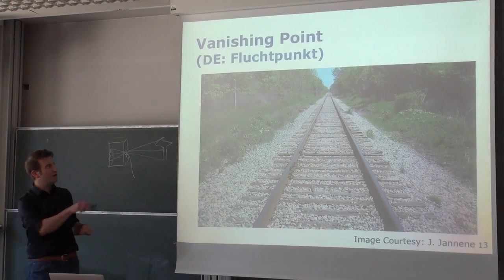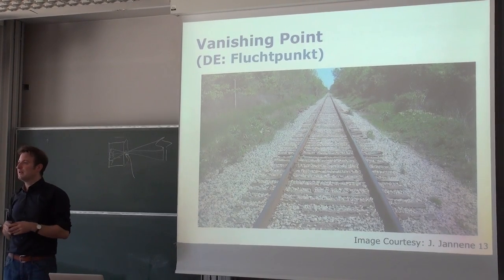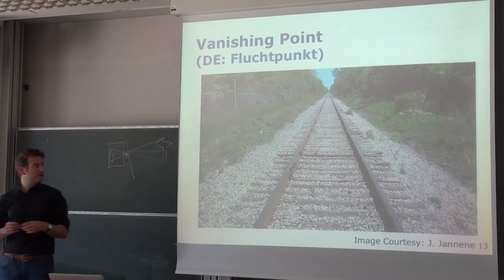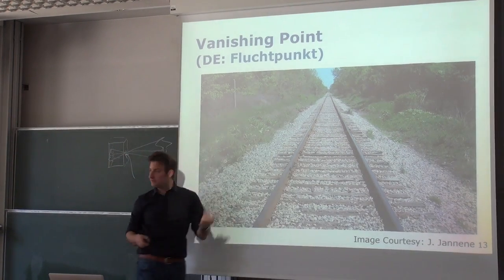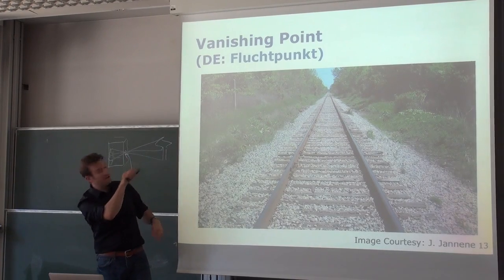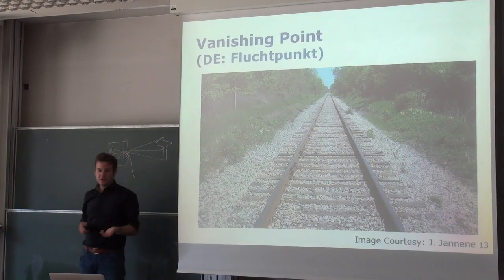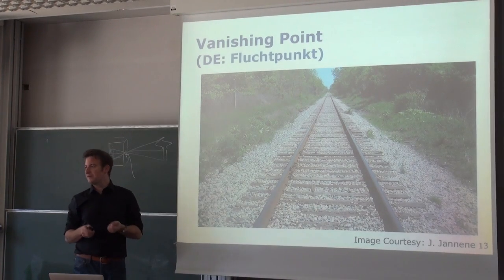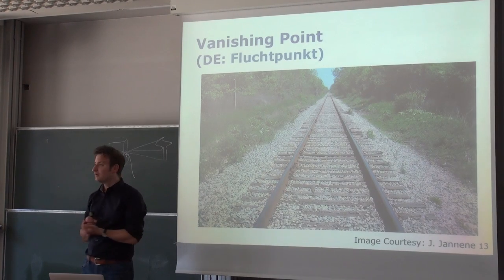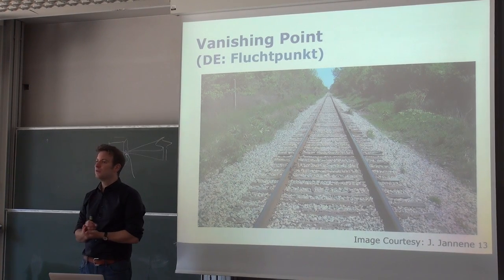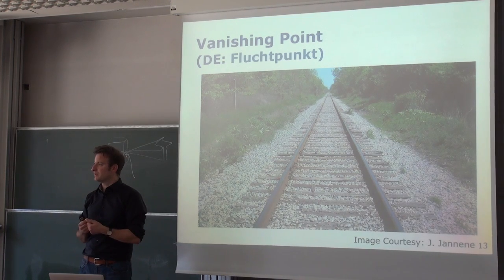So somewhere along the horizon there, I have a vanishing point where those two parallel lines intersect. And if I have two different parallel lines, let's say two parallel lines which move in this direction, they have a different vanishing point which may lie somewhere over there. And this vanishing point results from the fact that these parallel lines in the real world don't stay parallel due to the projection onto my image plane.